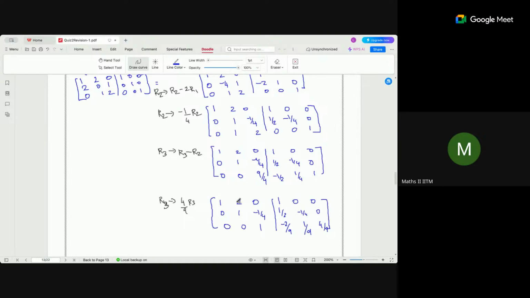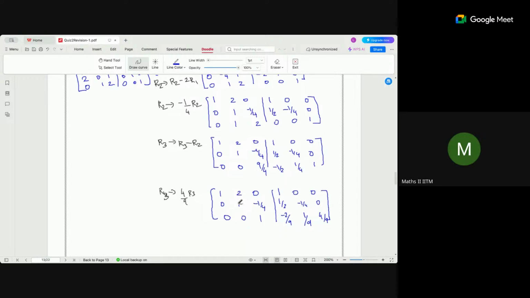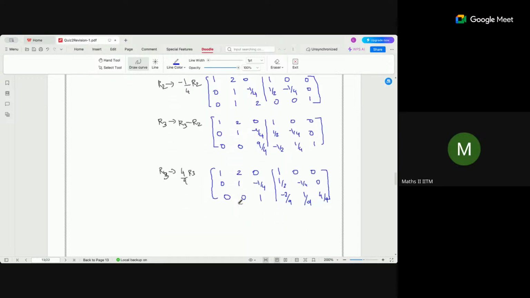So now we have to make this entry 0. How can we make this entry 0? R1 minus 2 times R2. Right? So R1 replaced with R1 minus 2 times of R2. So here what will you get again? 1, 2, not 2, 0. And here, minus 2 times of R2 means you will get 1/2.